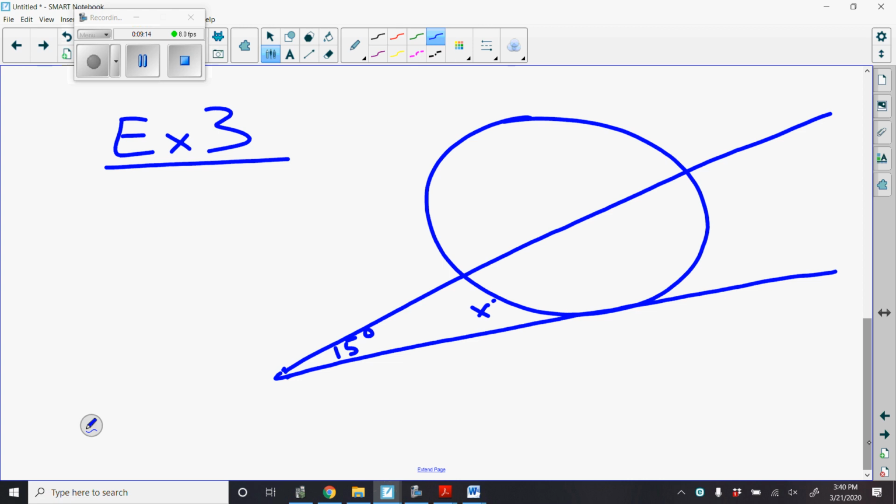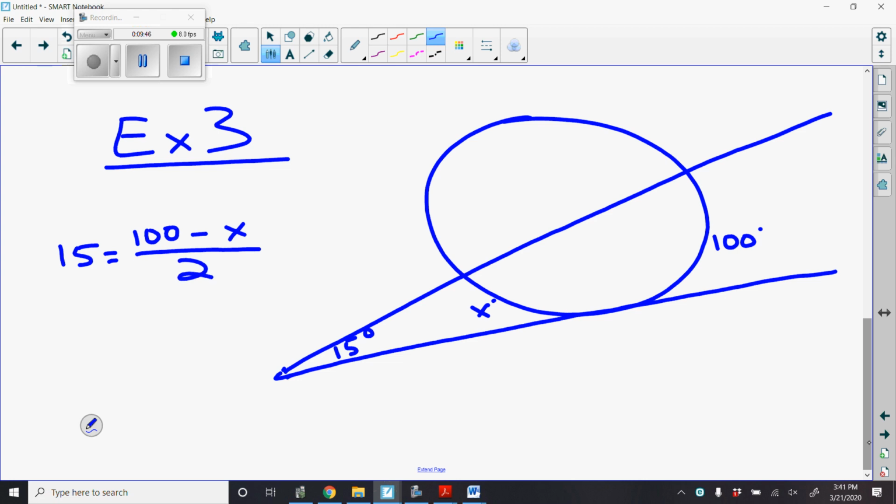And I'm going to say my big bend is, I don't know, let's say 100. So once again, I can solve this by saying angle equals big bend minus little bend over 2. What's my angle? My angle is 15. That has to equal my big bend of 100 minus my little bend of X over 2.